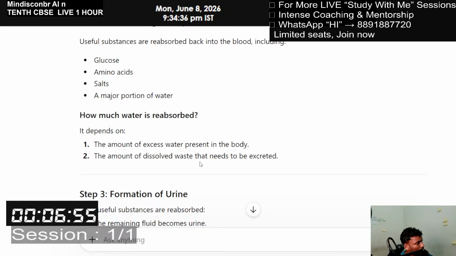So the amount of water that is reabsorbed depends upon the amount of excess water present in our body and the amount of dissolved waste that needs to be excreted.